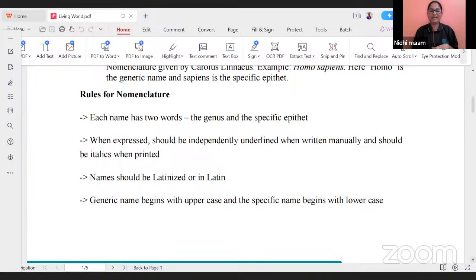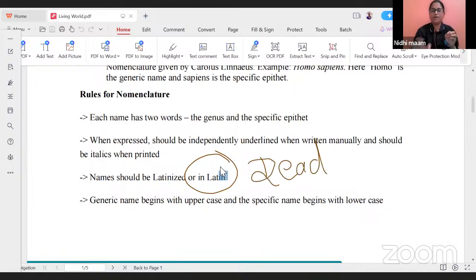The name should be Latinized, meaning it should be derived from the Latin language. Latin and Greek are dead languages now. No person will talk or write in Latin or Greek.